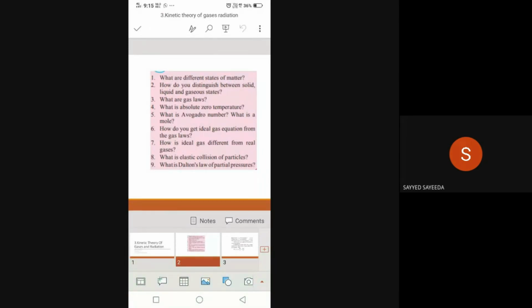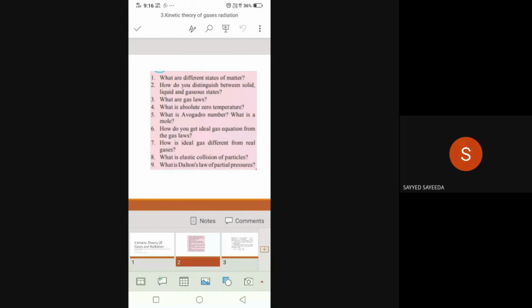But in case of liquid, the molecules move from one place to another place. They are not that much bound as in case of solid. So molecules have translational motion and rotational motion.